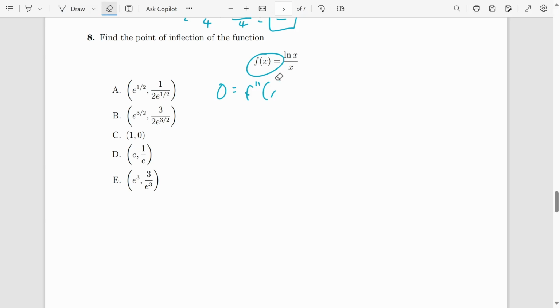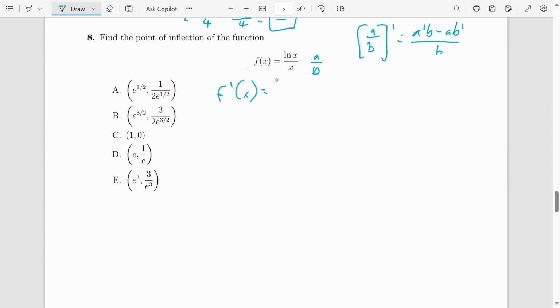Now, first thing we have to do for this problem is finding that second derivative. So we have to do two derivatives onto this. So f prime of x, since this is a fraction, we should probably use the quotient rule, which is, I haven't done this in a while, a over b, that equals a prime b minus ab prime all over b squared.